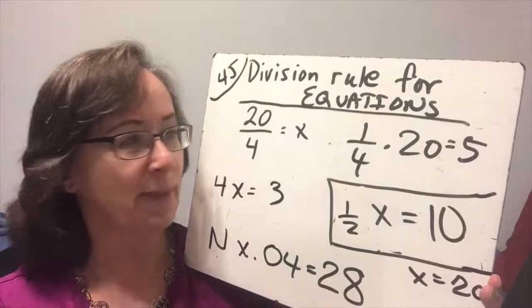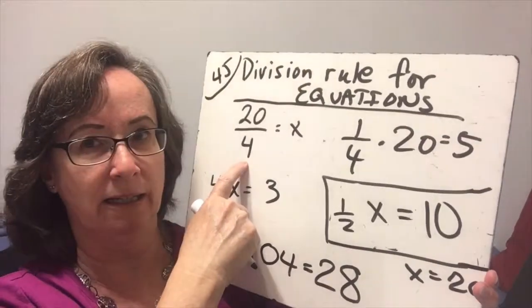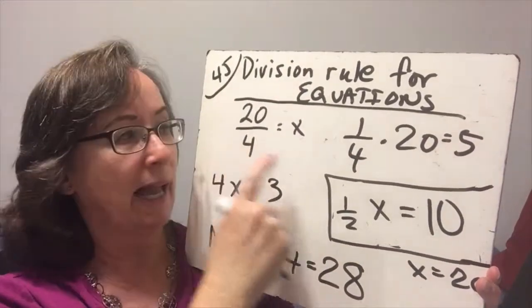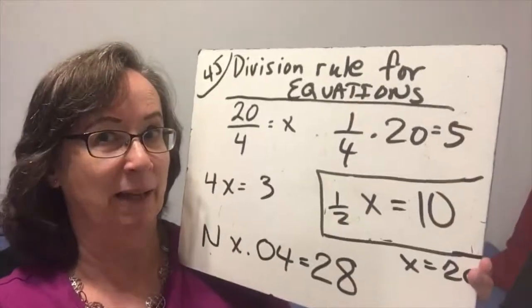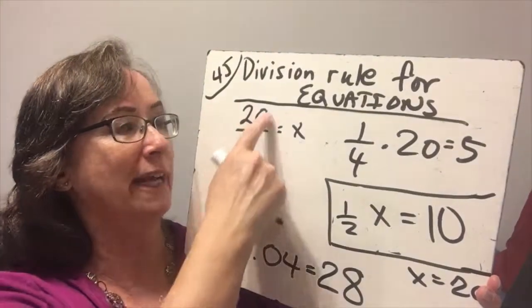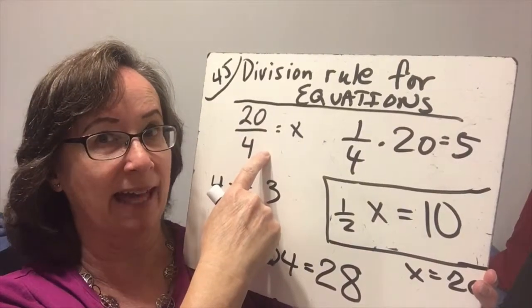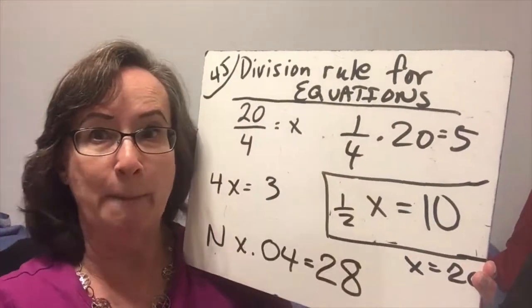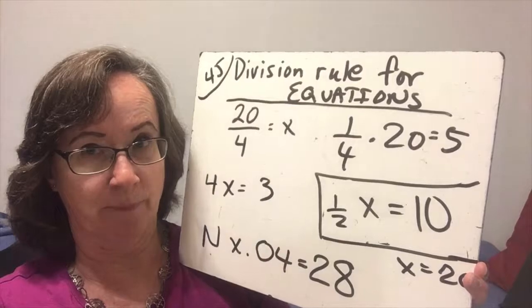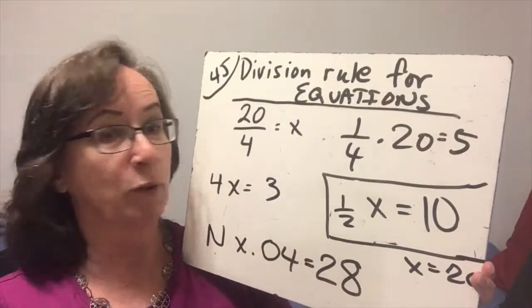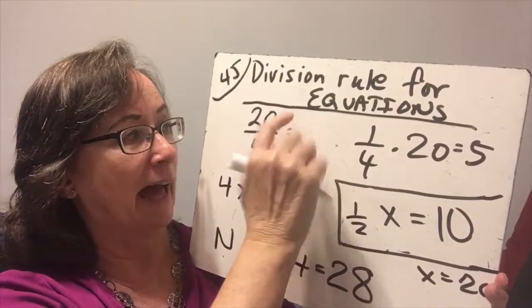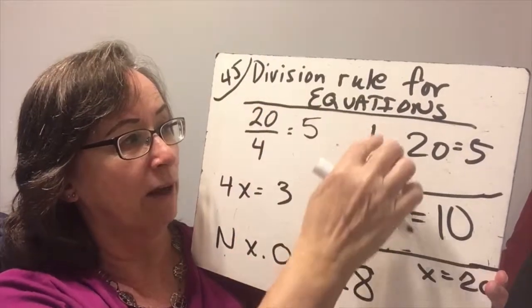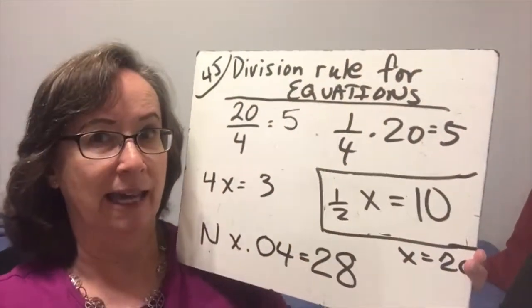Because remember that division by a whole number and multiplication by a fraction can be equivalent. If we're dividing by a number, we say that is the same as multiplying by the reciprocal of that number. So wouldn't you agree that 20 divided by 4 is 5, and 1/4 times 20 is 5?